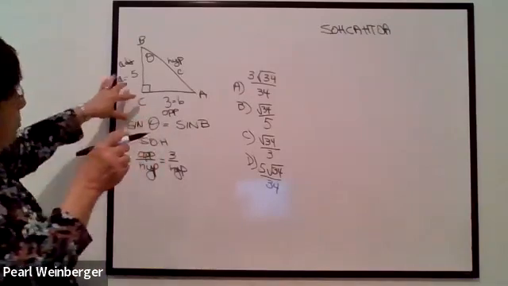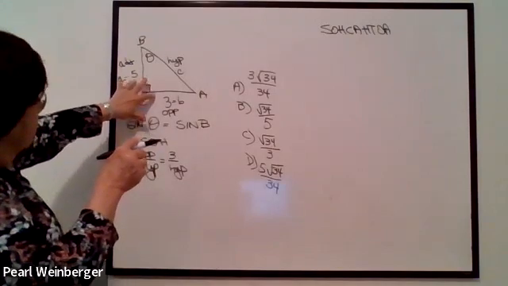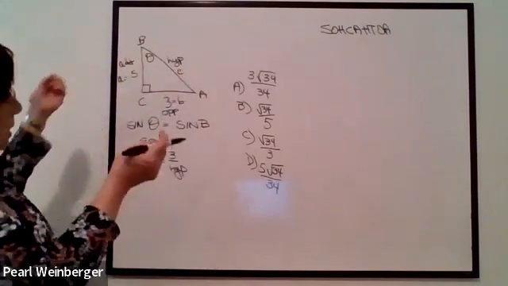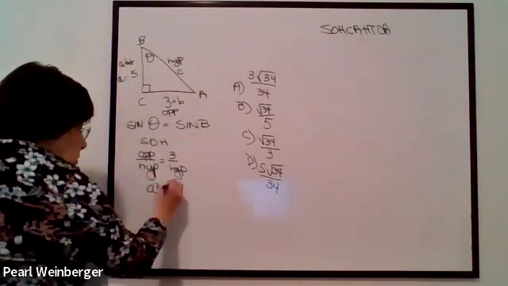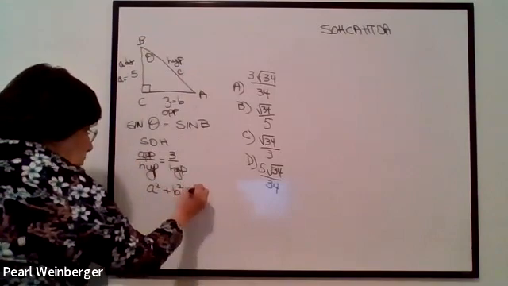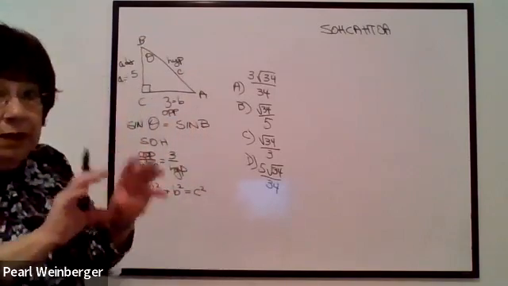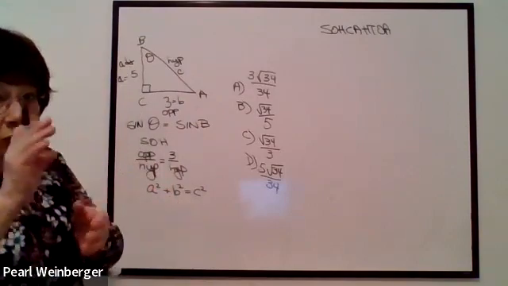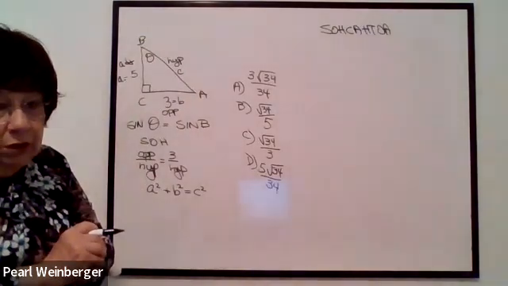But again, I know these two sides of the triangle. I know the A and the B. The hypotenuse is a C. I can do A squared plus B squared equals C squared. The important thing is to label your triangle correctly with opposite, adjacent, hypotenuse, and the ABCs if you're using them.